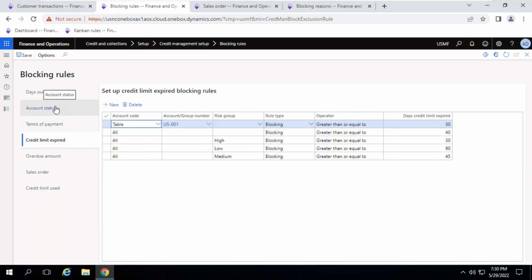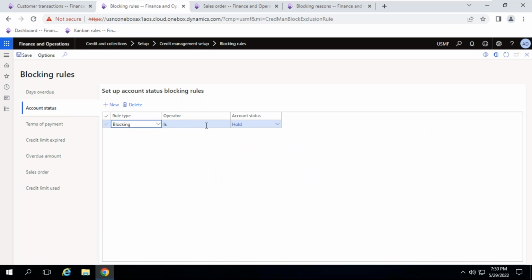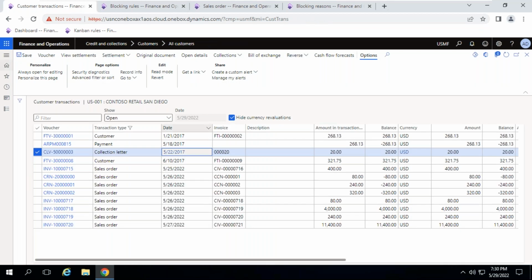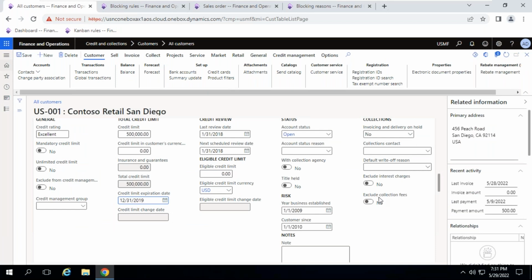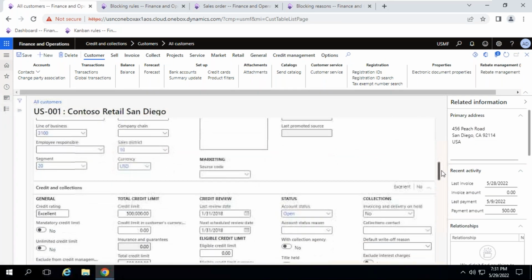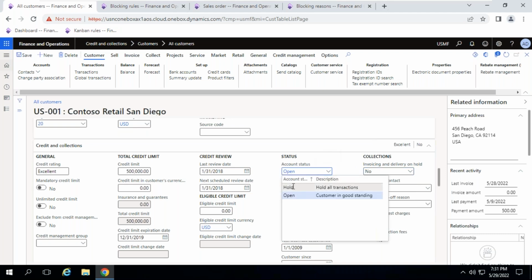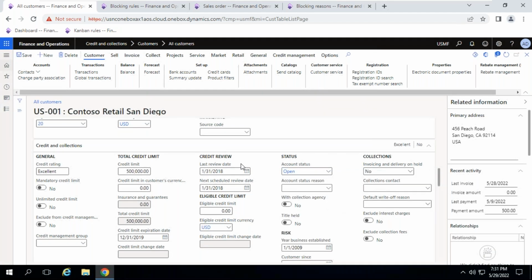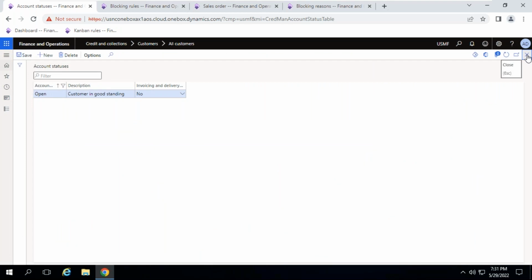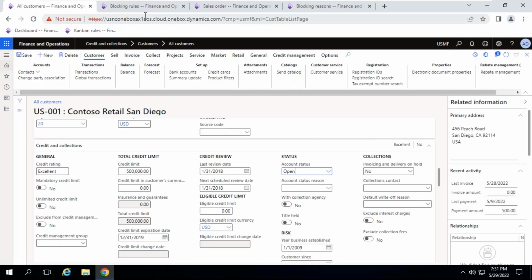Okay, and one more, account status. If the account status is on hold, it will stop. Earlier in the customer account we had invoice holding statuses, block or something. Now they newly introduced one more account status, so you can create your own statuses and block some specific statuses.